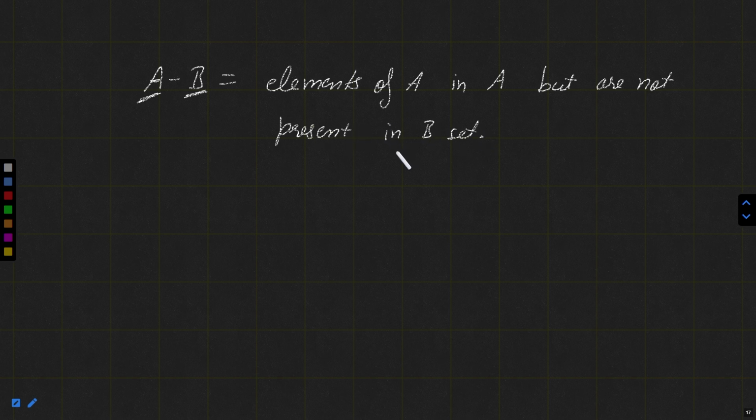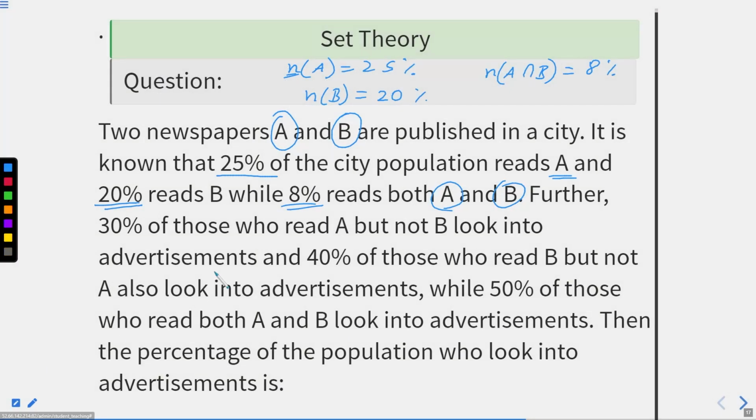So the number of people who read A but not B is 30%.